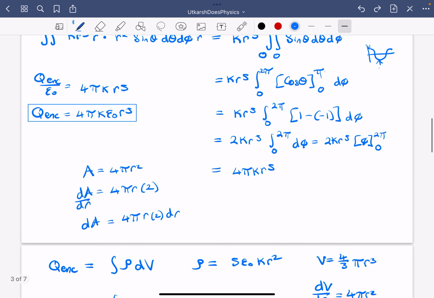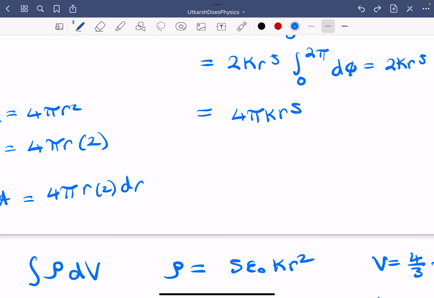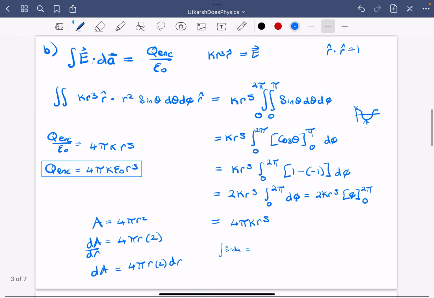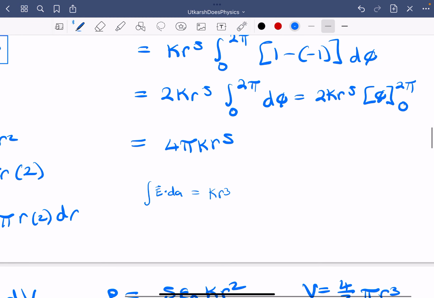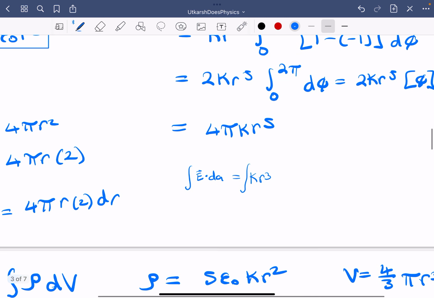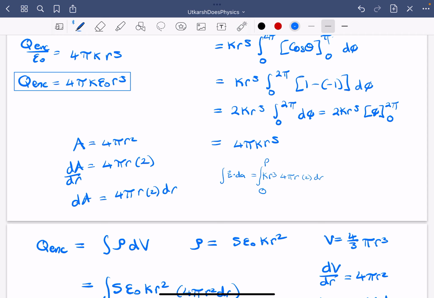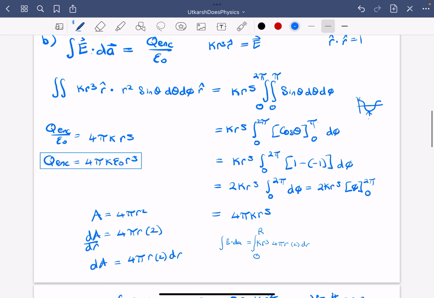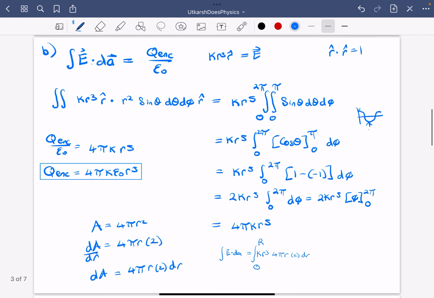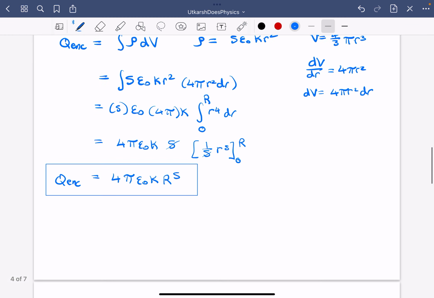Let me just zoom in for you. You get the integral of E dA, which is kr cubed times 4 pi r dr, and then you integrate this from 0 to r. That should give you the same answer, and you don't have to worry about double integrals. So that's just another way to do it if you haven't learned multivariable integration yet. But that should be it.